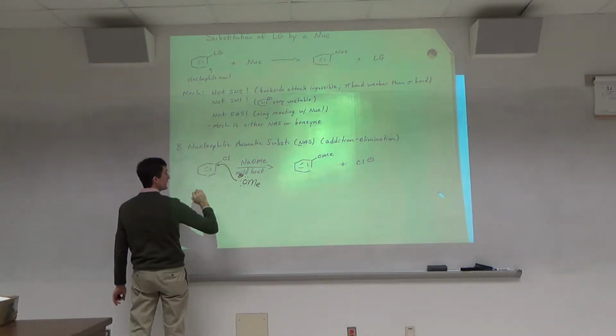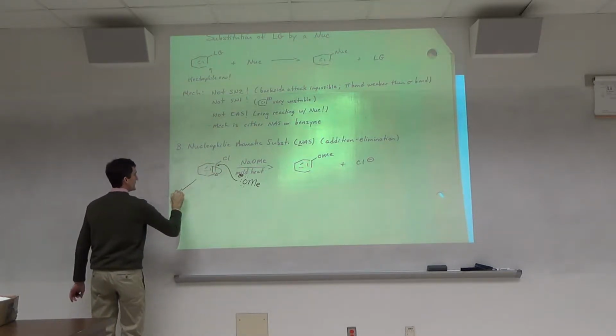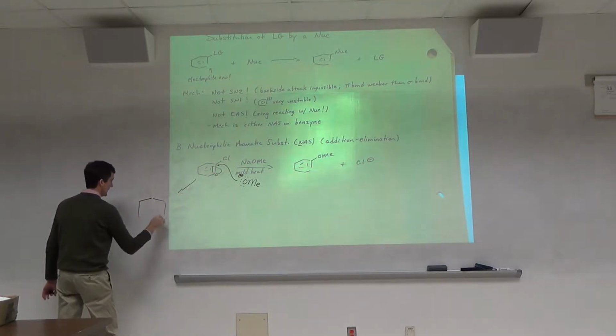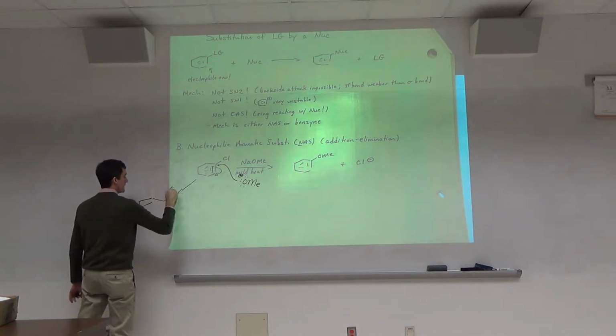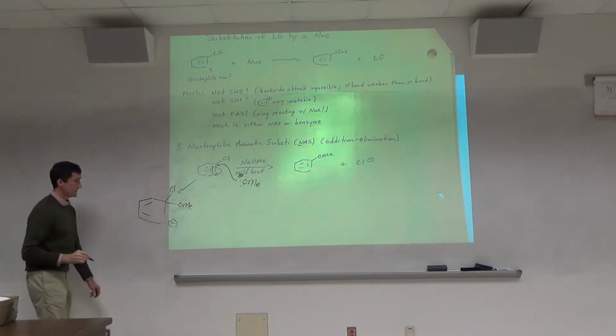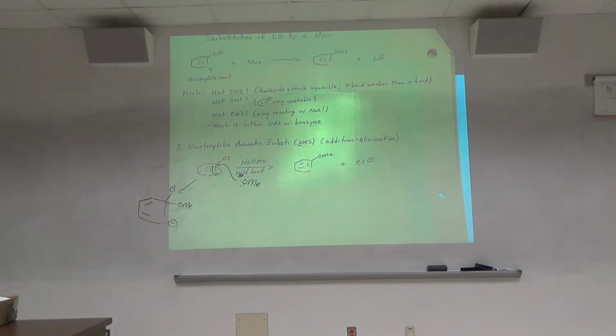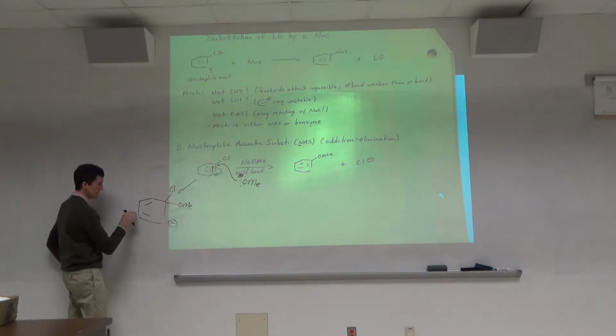Instead of kicking the chlorine off directly, we broke the pi bond. I'll draw it in a little bit better. And we got to an addition here that looked like this. Then we showed resonance. Boom. You can put minus here or here.